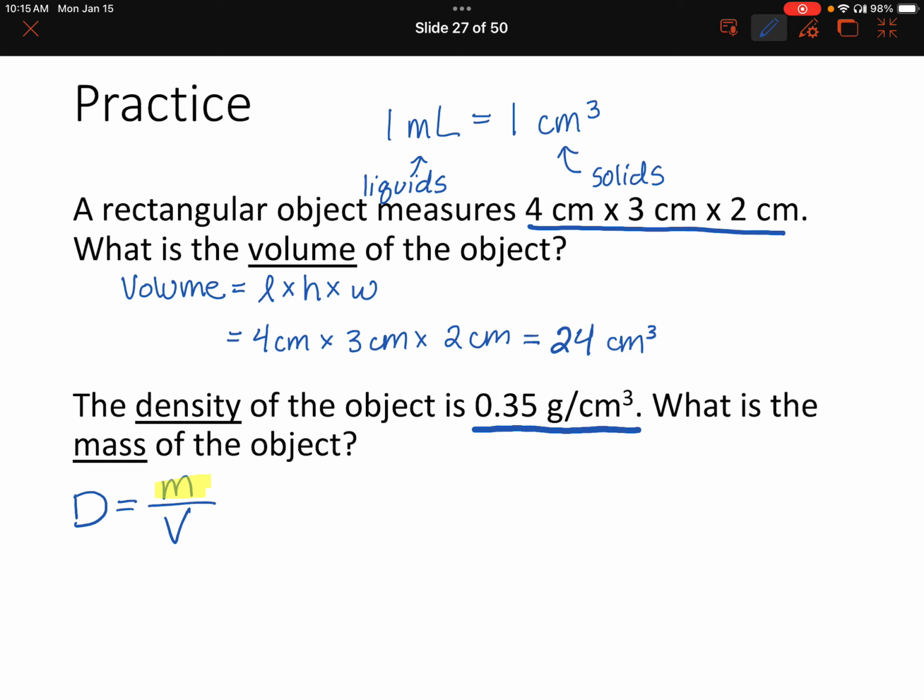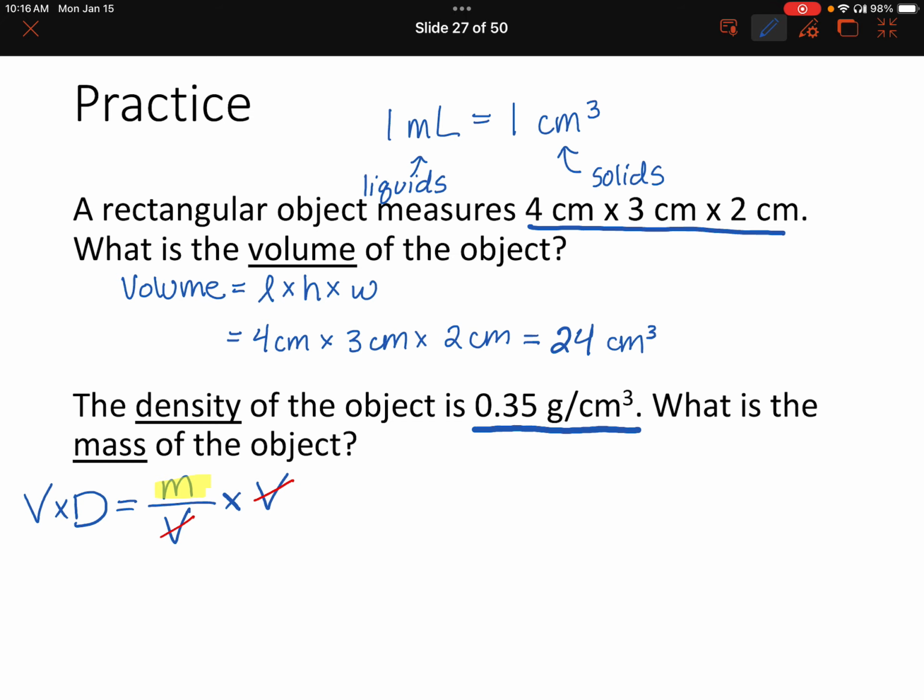So we can actually rearrange this equation to isolate mass on one side. We're just going to use a little bit of algebra here. So to isolate mass, what we could do is multiply both sides by volume. So volume is actually going to cancel on the right because we have it in the numerator and the denominator.